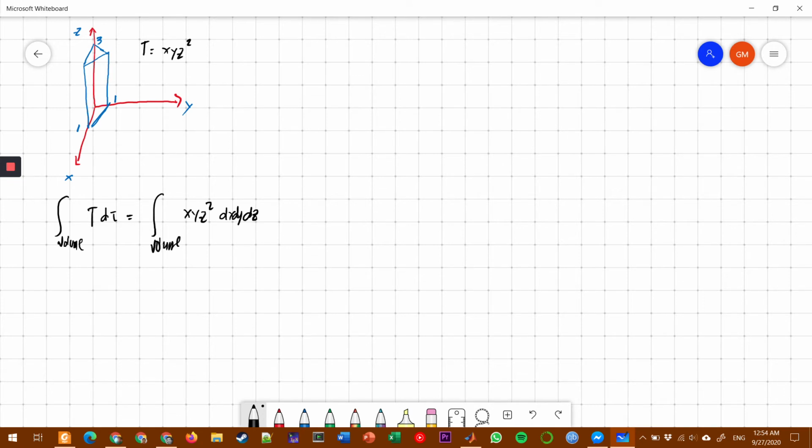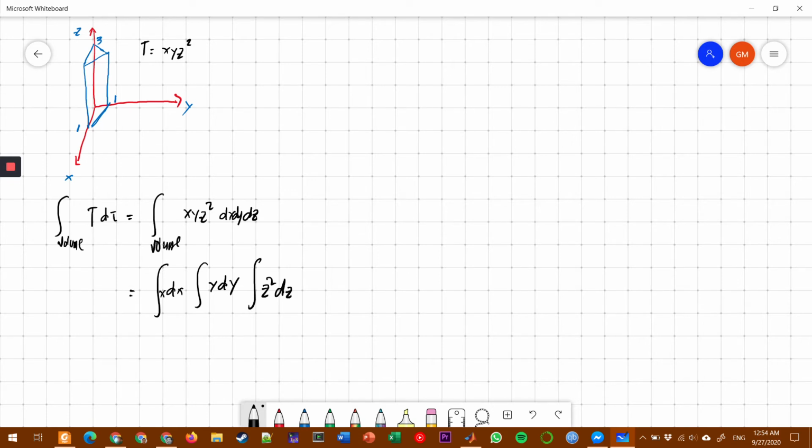dz. Now, we can actually take the integral in terms of x, y, and z separately. But the question now is, what is the limit of your x, your y, or your z? Because actually it looks like this. You have x dx, you have y dy, and then z squared dz.